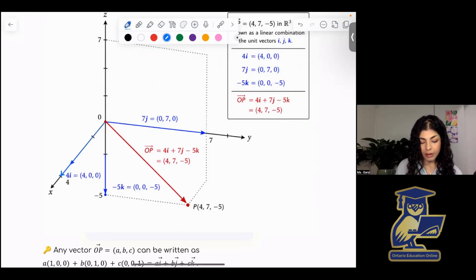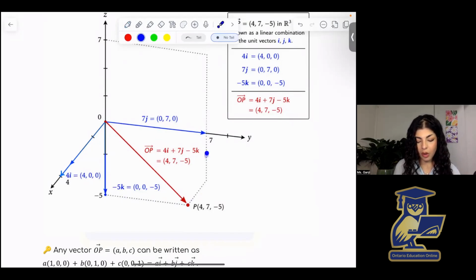Now for j, we are going in the positive direction on the y-axis, so this is 7j and it's 0, 7, 0. And for k, we are going in the negative direction on the z-axis, so we end up at 0, 0, -5.